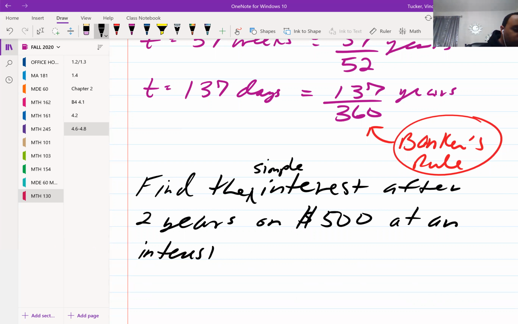Find the simple interest after 2 years on $500 at an interest rate of 12%. So you want to write down your givens first. Your principal is going to be 500. Your rate is 12%, which is 0.12. And then we have time, which is 2 years.